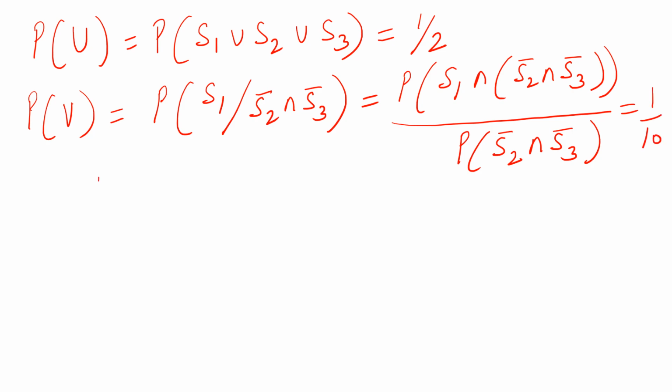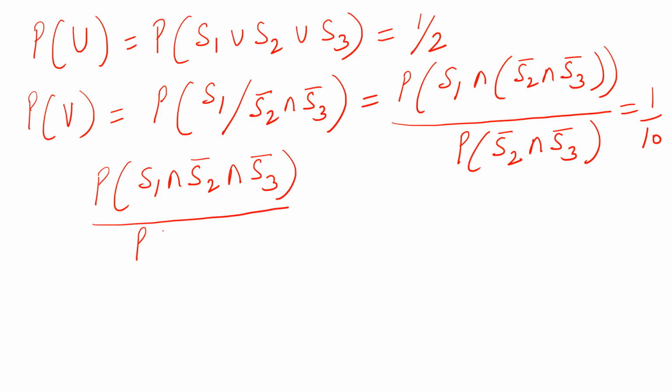Now students, this further becomes equal to probability of S1 intersection S2 bar intersection S3 bar whole divided upon probability of S2 bar intersection S3 bar, and this is equal to 1 upon 10.